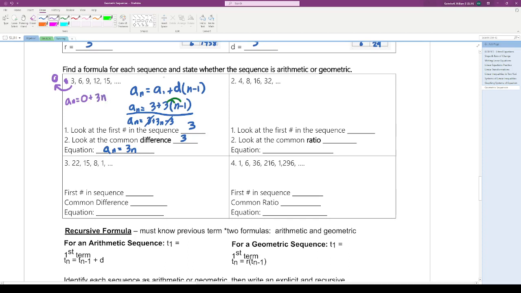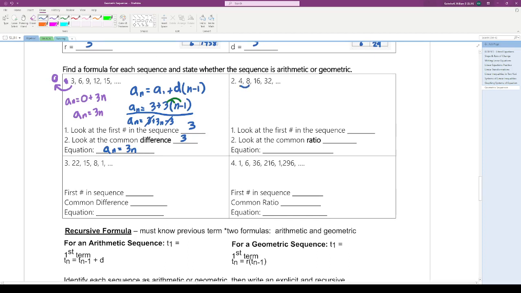And we use n instead of n minus 1 because we were starting from term 0, not term 1. So this would give us the same result, an equals 3n. And that's the other way of arriving at that simplified explicit, is by starting with the 0th term instead of the first term. Let's look at that for a geometric problem as well.